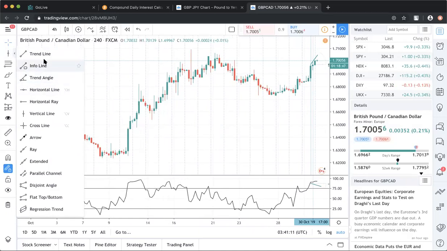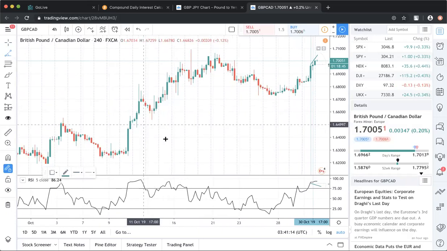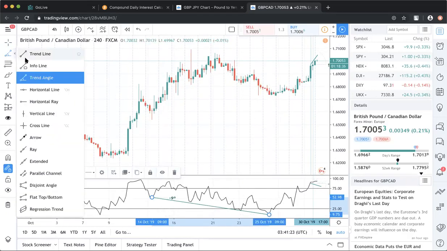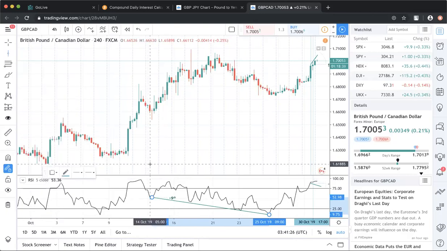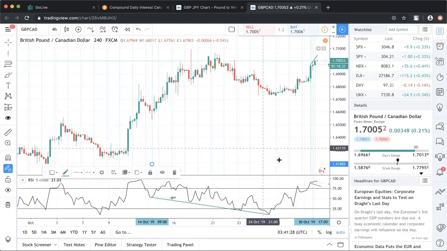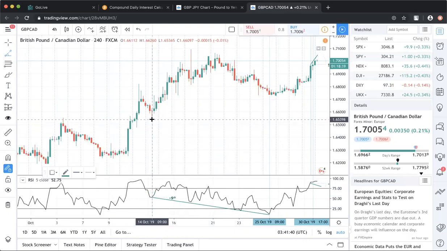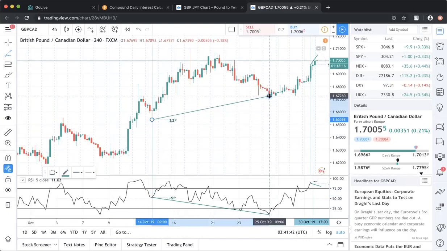Big divergence. So as we see right here, if we were to line that up, right here we have divergence.